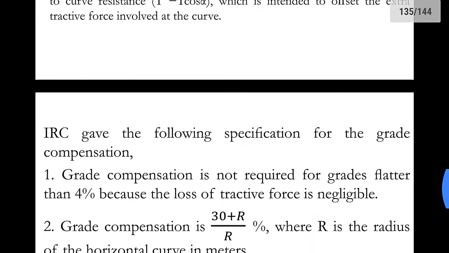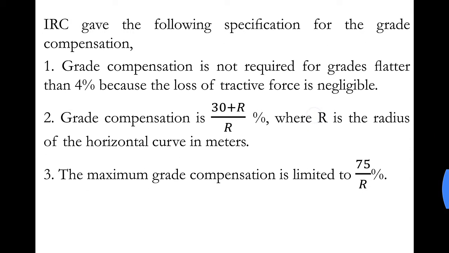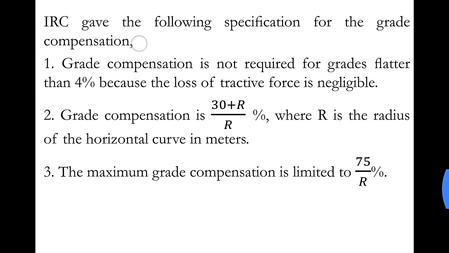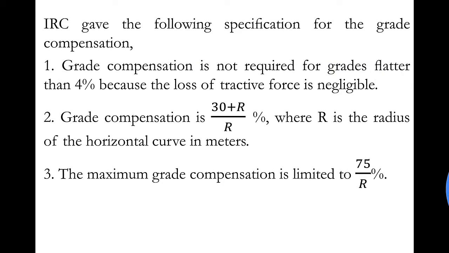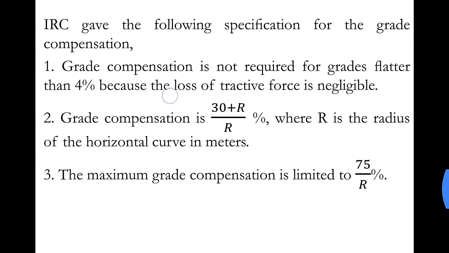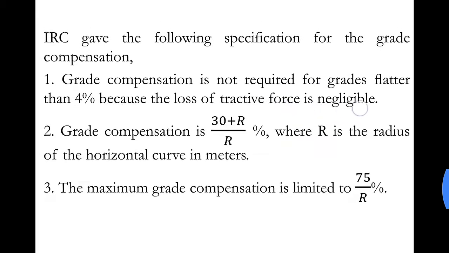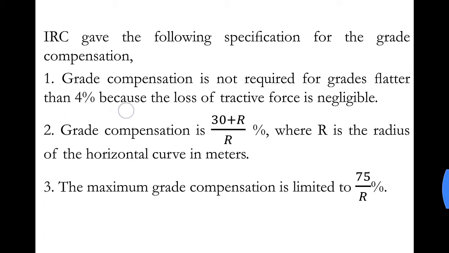Now IRC gives the following specifications for the grade compensation. Grade compensation is not required for grades flatter than 4% because the loss of tractive force is negligible. So for any grades which are flatter than 4%, we do not consider any grade compensation.